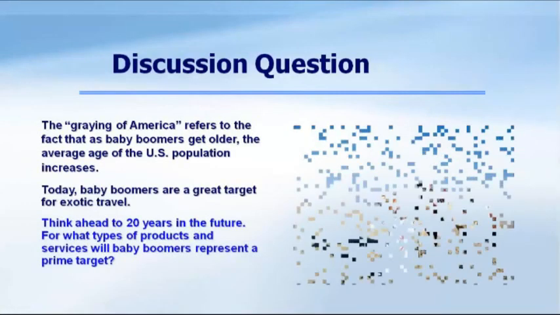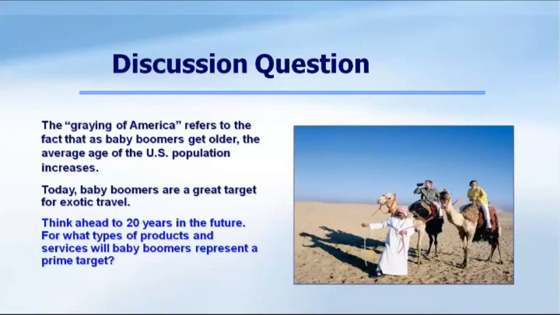Okay, so we have here discussion question class that you will answer later on. So let me read that. The graying of America refers to the fact that as baby boomers get older, the average age of the US population increases. So habang tumatanda yung mga baby boomers, nadadagdagan naman class ang average age ng population nila sa Amerika. Today, baby boomers are a great target for exotic travel.